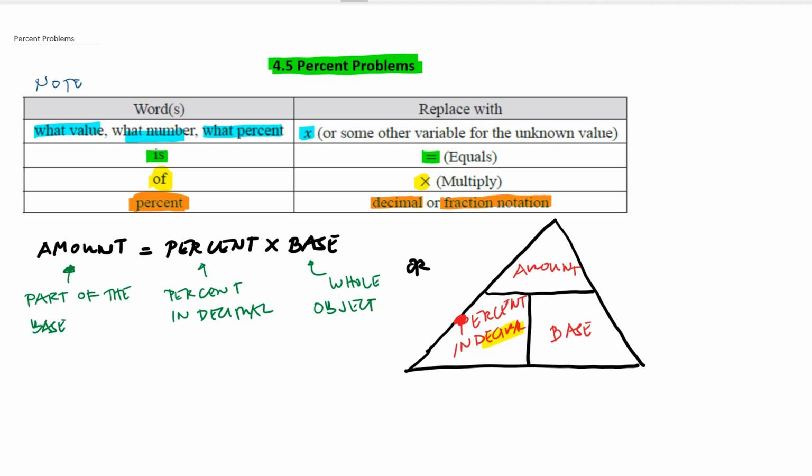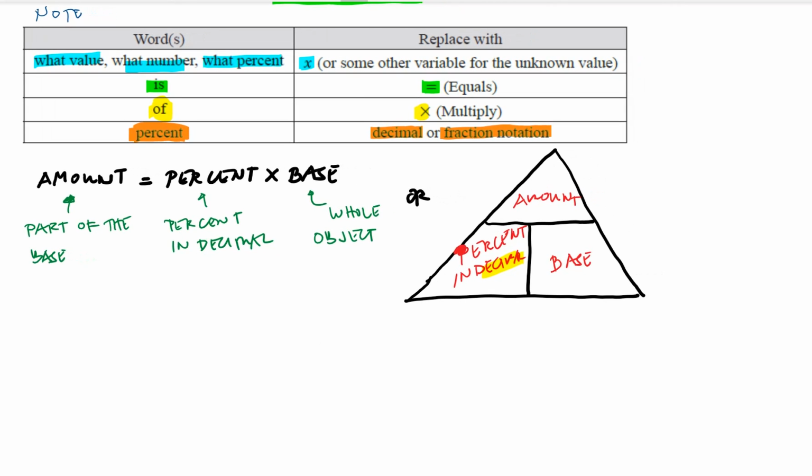It's very specific. Okay, so later on I'm going to show you how to use this percent triangle. Again, the equation at the left is just the same thing as this percent triangle.